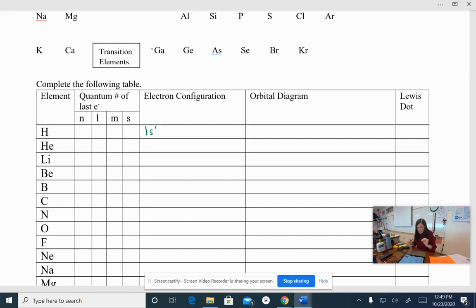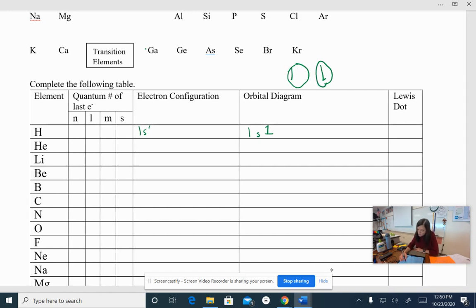Now this is where we actually do the up arrows and down arrows. So we're going to have 1s. We're just going to have one electron up. Now we draw electrons as kind of half arrows. So this would be an up electron or a positive spin, and this would be a down electron or a down spin. Now notice we really just do kind of half arrows.